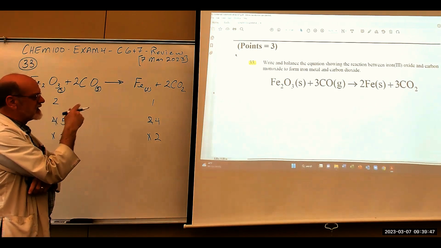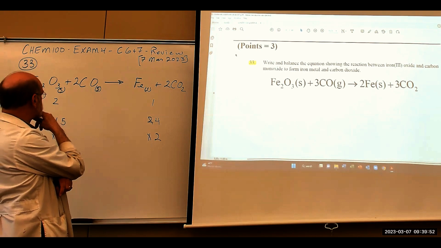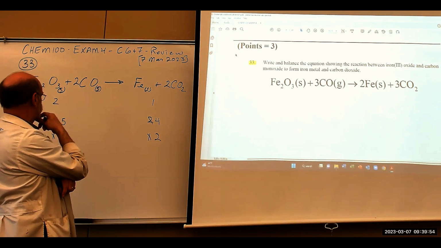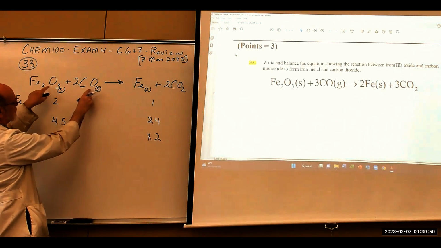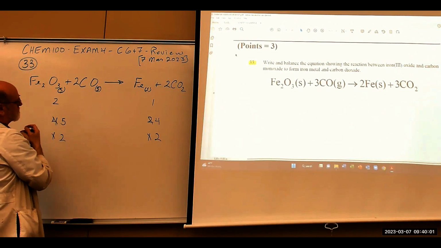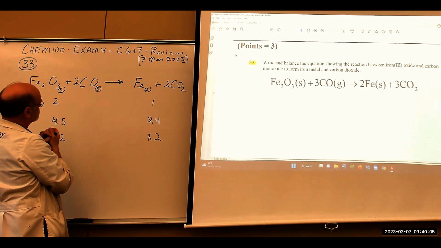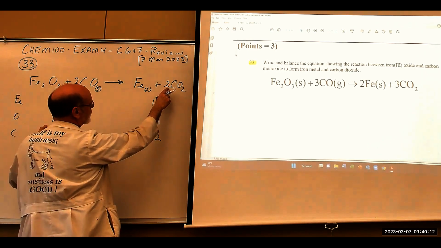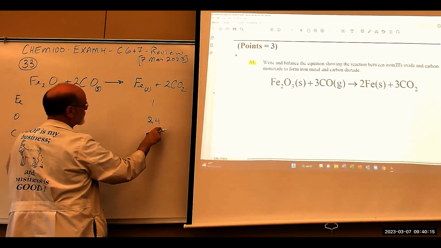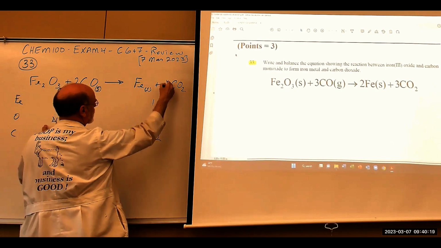I'm toying with the idea of using a fraction. What if, see, we've got oxygen in 2 different places here. We need another oxygen here, if we make that a 3, that increases this one to 6. Let's try that.